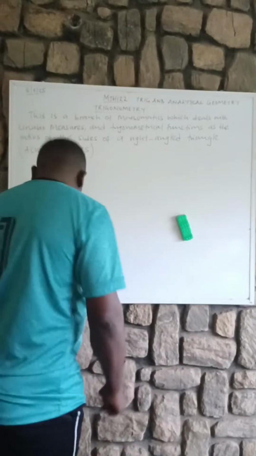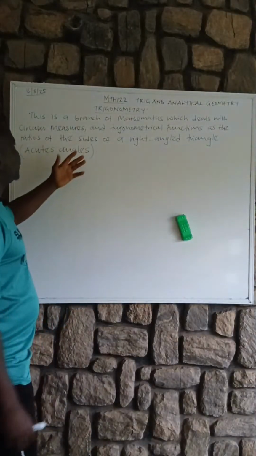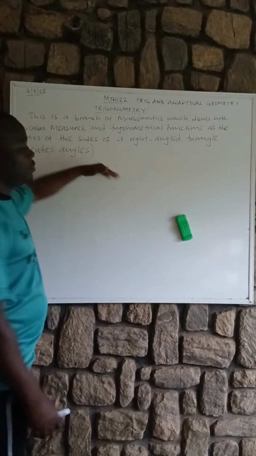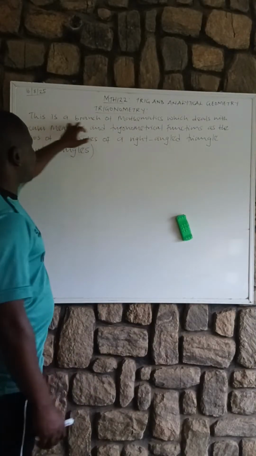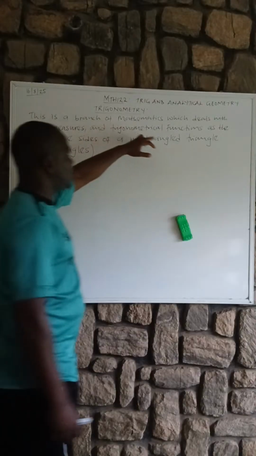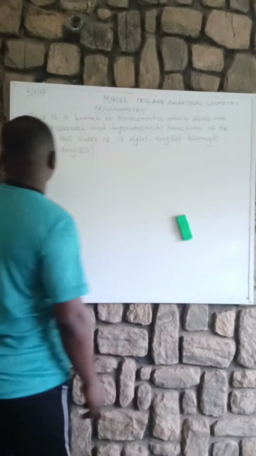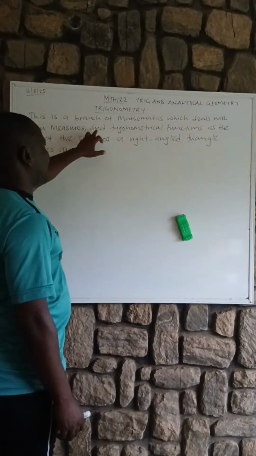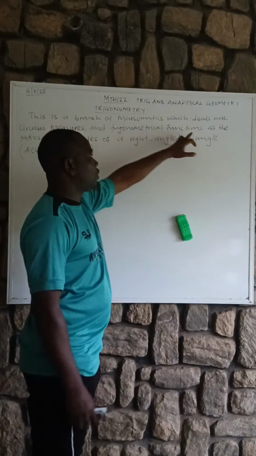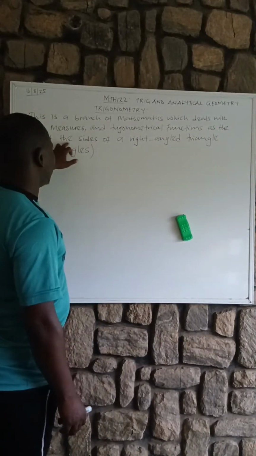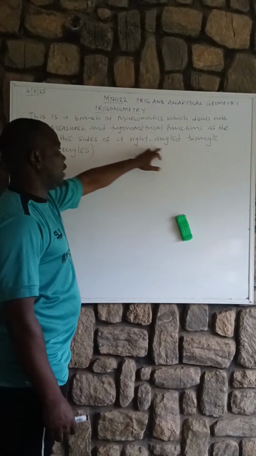Okay. Here we have a definition. Trigonometry. When we say trigonometry, this is a branch of mathematics which deals with circular measures and trigonometrical functions as the ratios of the sides of a right angle triangle.